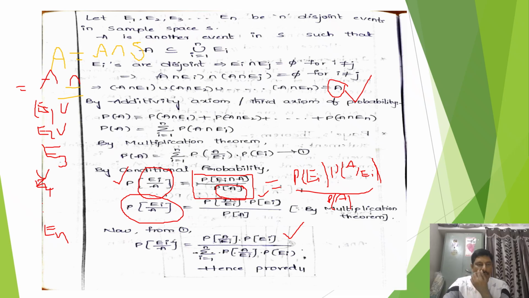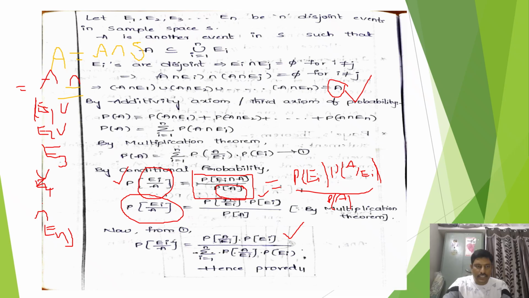What is the distributive property? If in the outer part intersection is there, and in the bracket part union is there, you can write it as intersection E1 union intersection E2 union intersection E3 union and so on. So that's what we have written here.